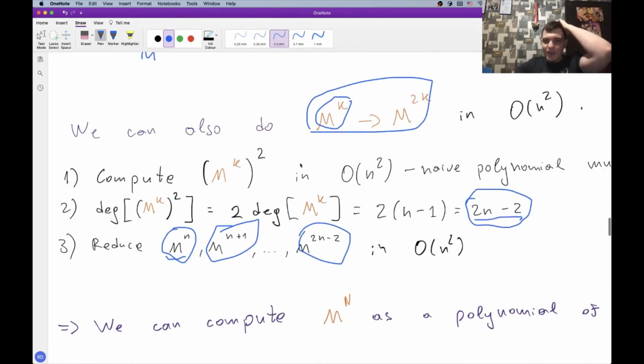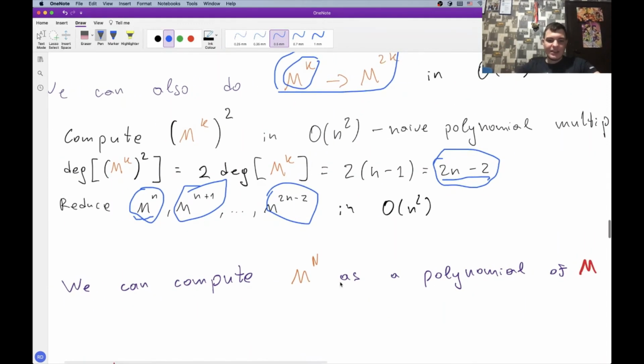So if we have mk as a polynomial of degree n minus 1, then we can easily get m to the power of 2k, again as a polynomial of degree n minus 1. Pardon me about that. And all of these transitions are basically done in n squared time.